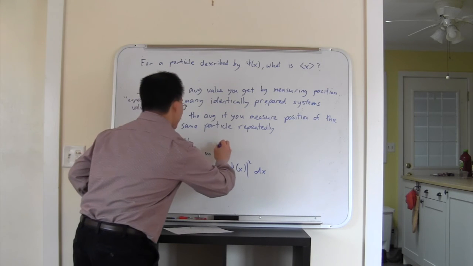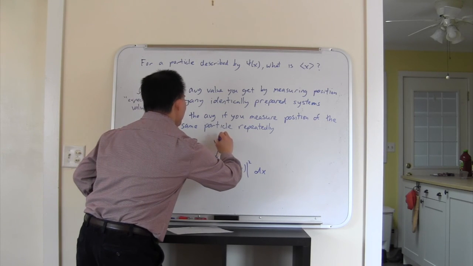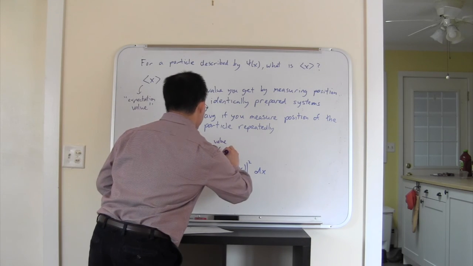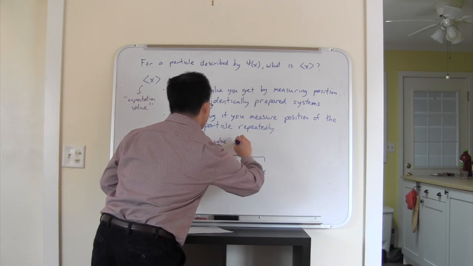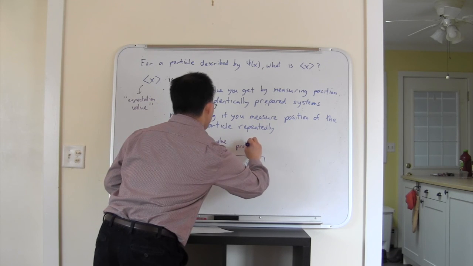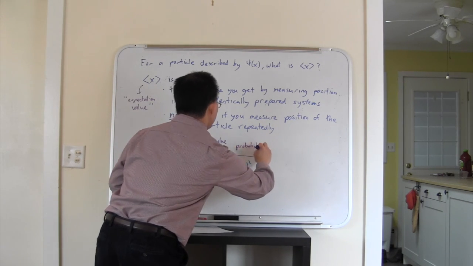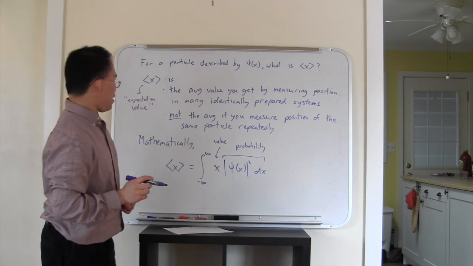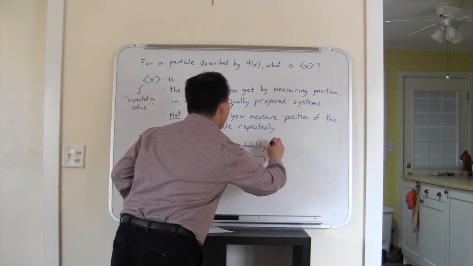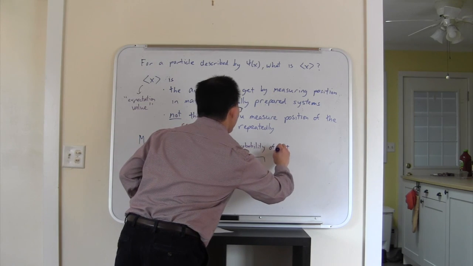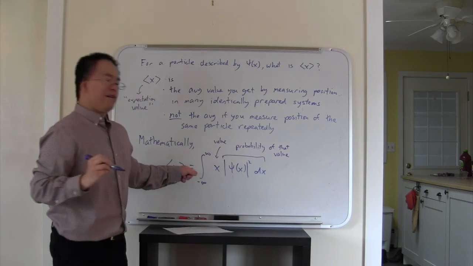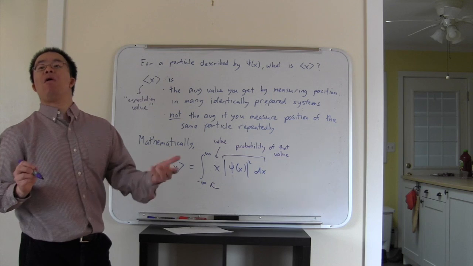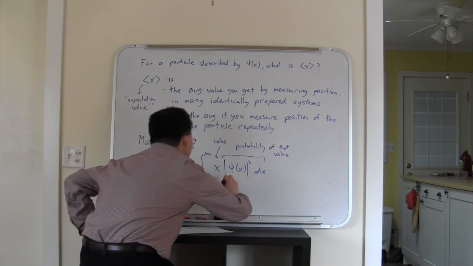We have the value, our probability density, psi modulus squared, and dx makes it the probability of that value. And then the integral means that we're summing over all possible values.